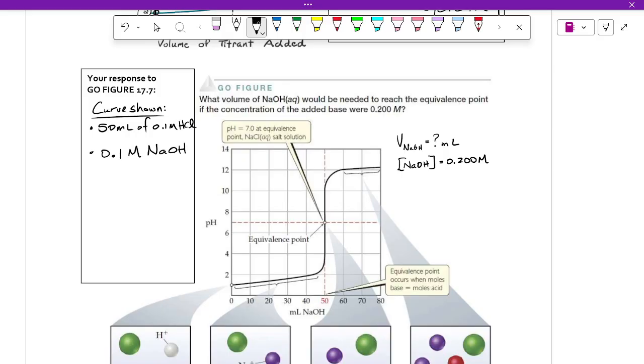Is there any information on the graph that tells you about the amount of NaOH? Yeah, it reaches the equivalence point at 50 milliliters.